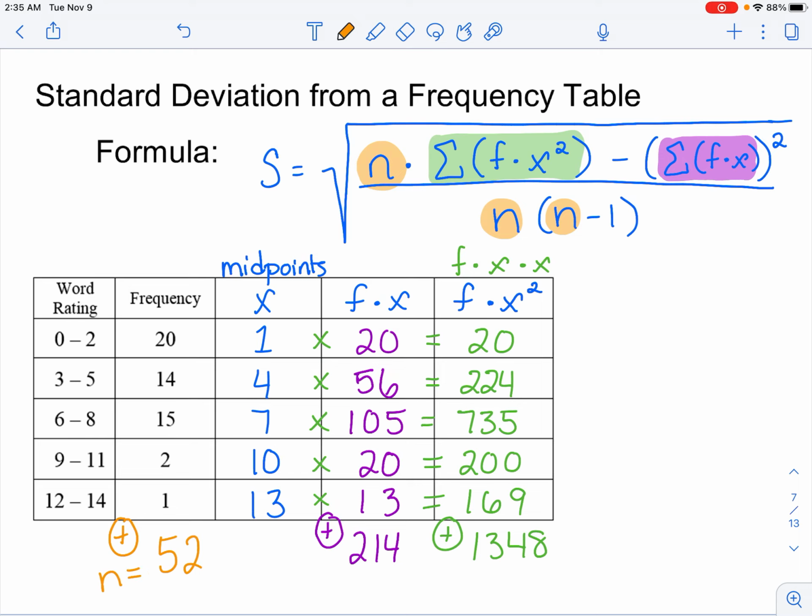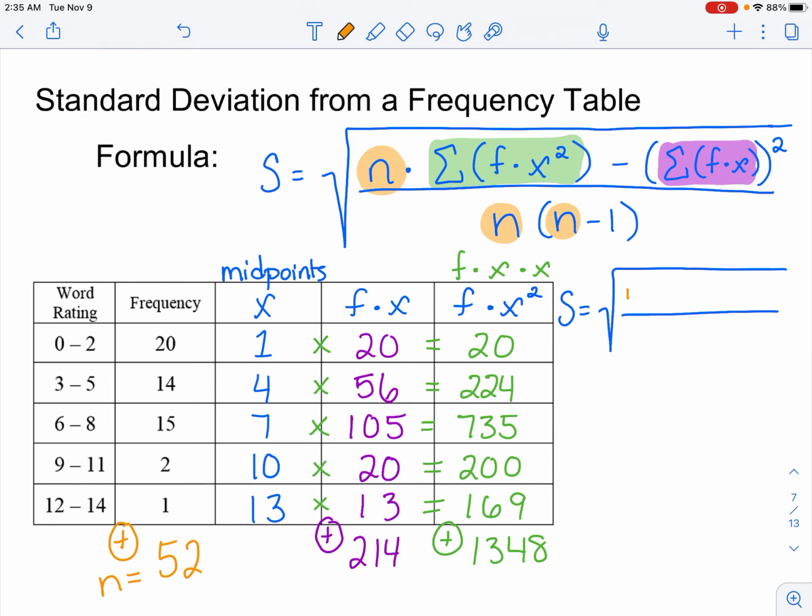All right, so now how do I type all of this into the formula itself? So I'm going to do standard deviation equals the square root of a fraction. I tend to write in all my n values first, so I start off with a 52. And then the denominator, I'm going to have 52 times n minus 1, which is 52 minus 1, that's 51.